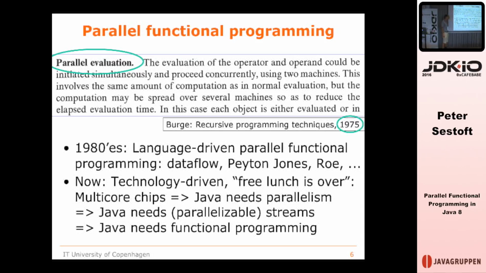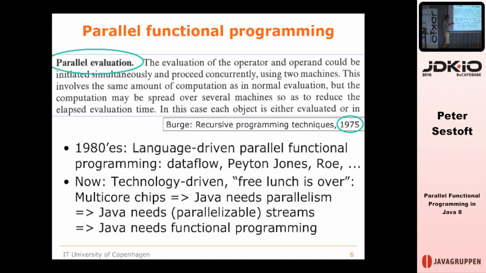But it was followed by John Backus's FP Turing Award lecture, where he named the so-called von Neumann bottleneck and argued that future high-performance architectures would have to be functional.